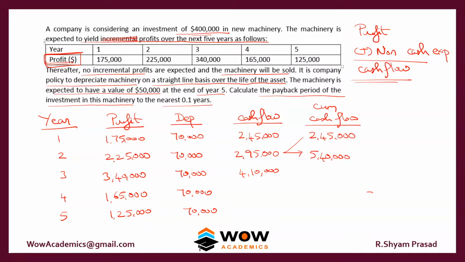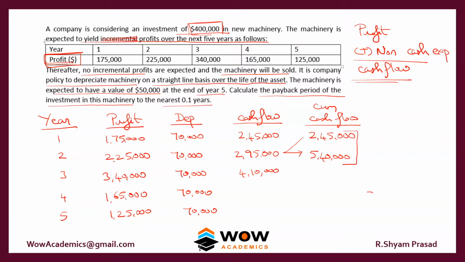We don't need to do the full table. Whichever year we cross the 4 lakh investment, we can stop there. The investment of 4 lakhs is recovered between these 2 years.